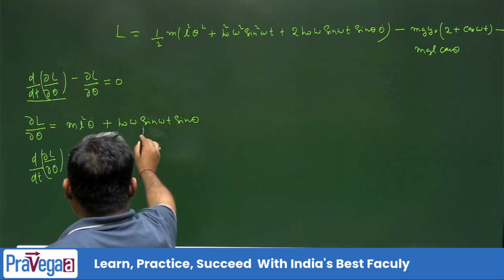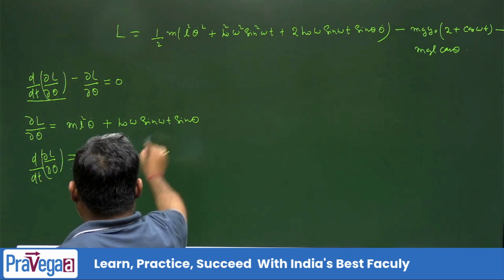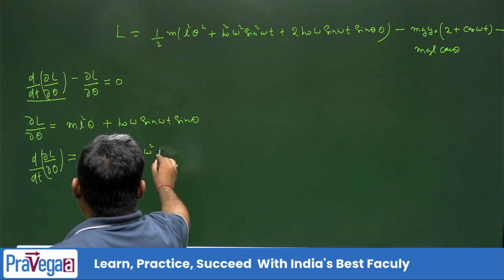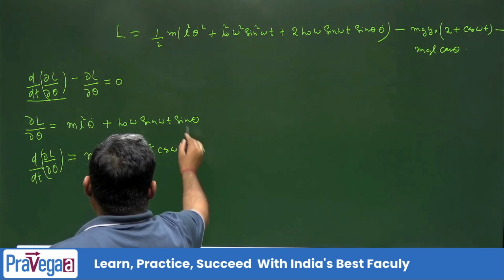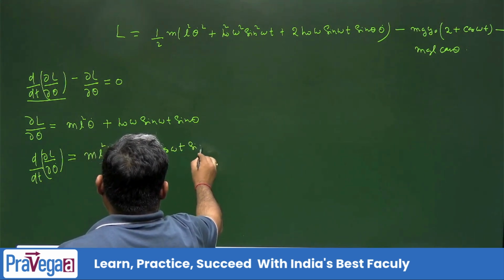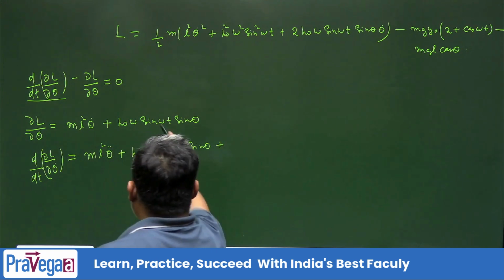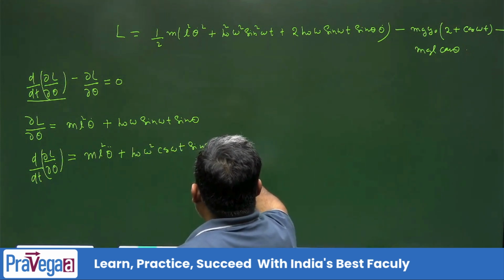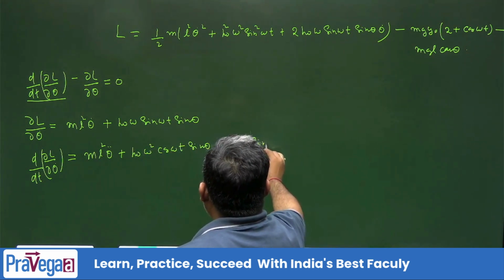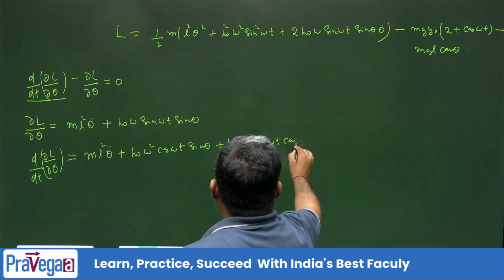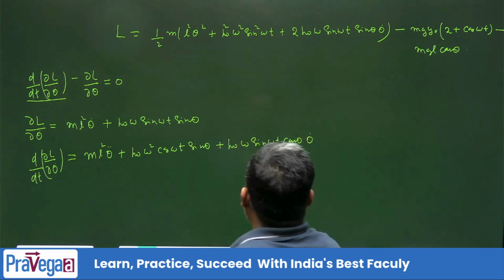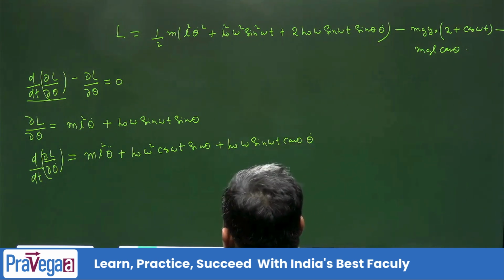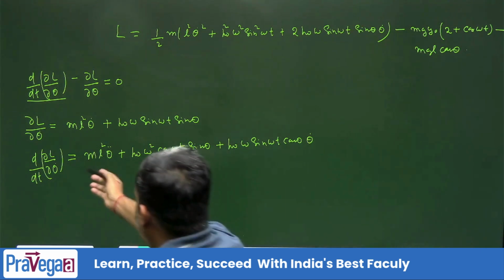The first term we differentiate with sin ωt, so we will get h₀ω² cos ωt sin θ, plus we will take this value as constant. So, this is h₀ω sin ωt cos θ θ̇. So, this is our d/dt of ∂L/∂θ̇.